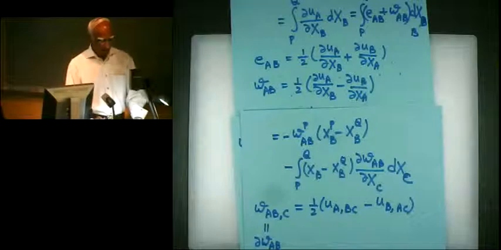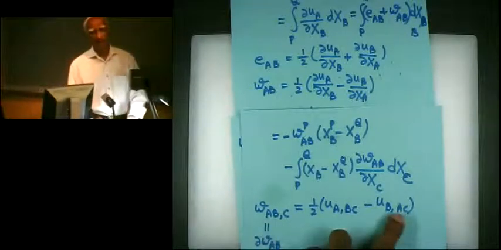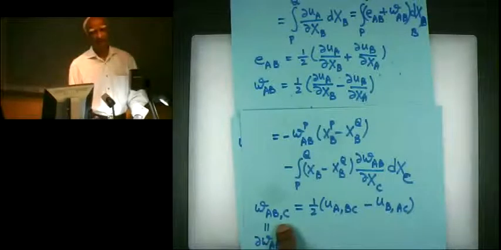Yeah, see, omega AB was UA comma B minus UB comma A. And then you are differentiating again with respect to C now.